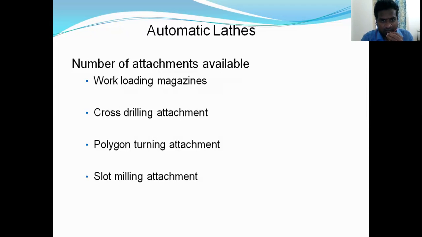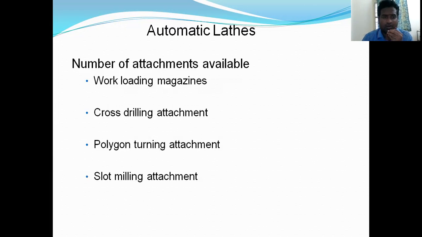With the slot milling attachment, if we want to do slotting operations on the automatic lathe, generally slotting operation is done by the milling machine or shaping machines, but here we can do it on these lathe machines with the slot attachments also. So these are the attachments available.